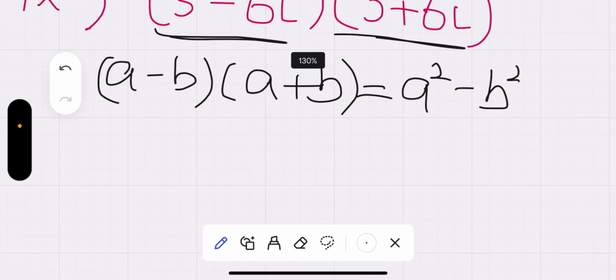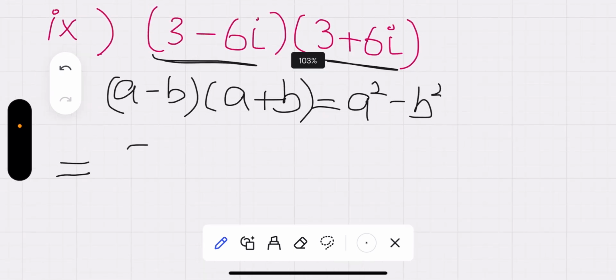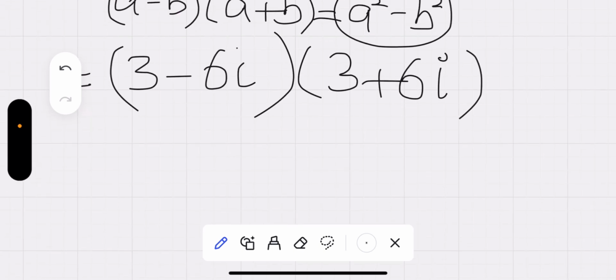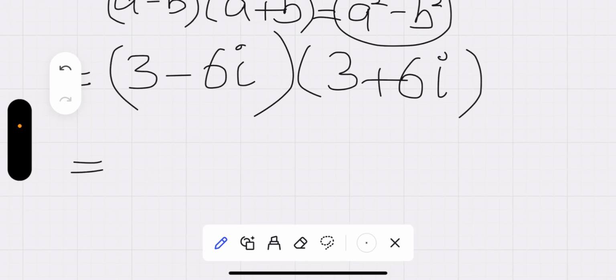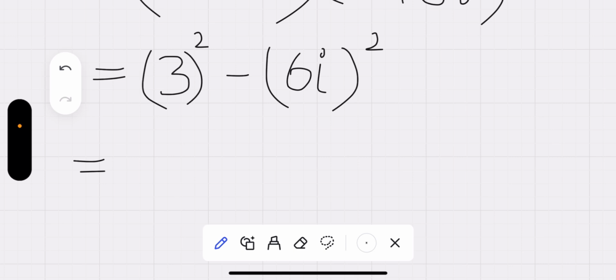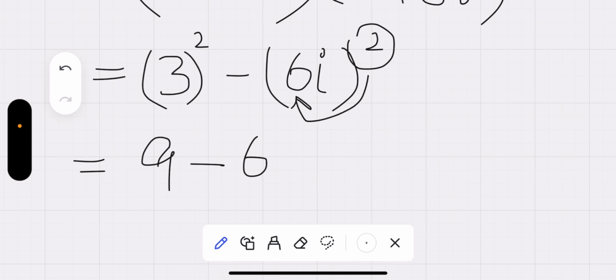So we shall write in the solution the first step as it is. Then we shall replace it by a square minus b square. So the first term is 3, so 3 square minus 6 iota square. Okay, 3 square is 9 and minus, this square is on 6 and on iota as well, so 6 square and iota square.